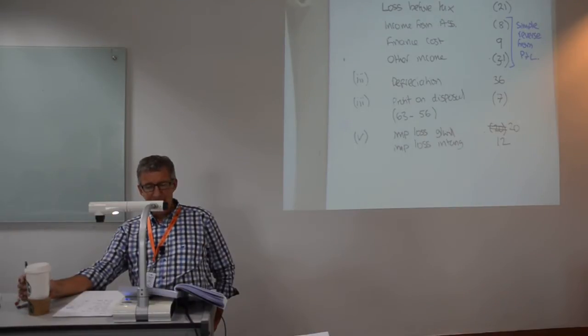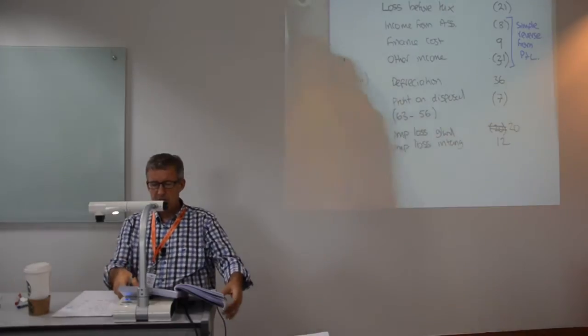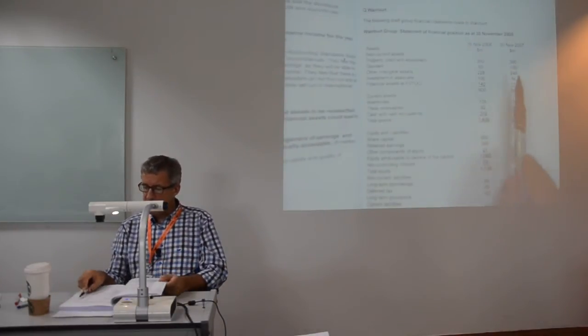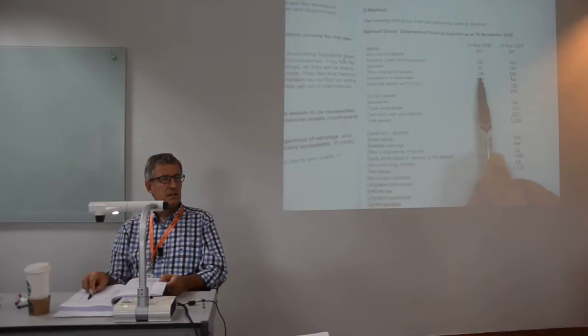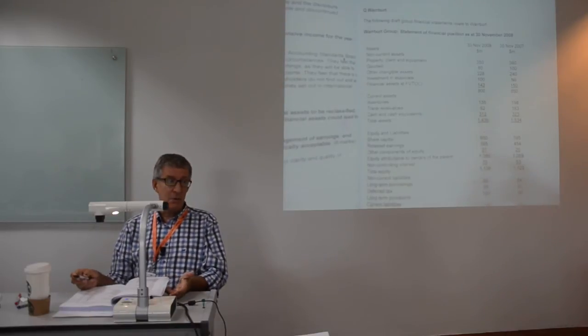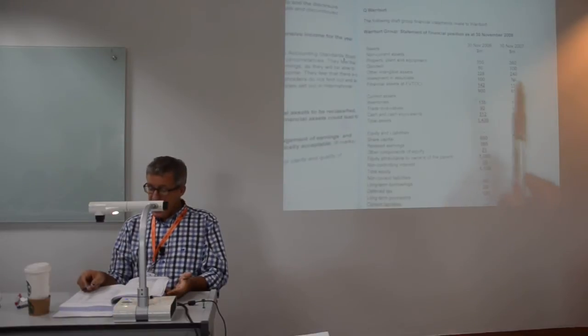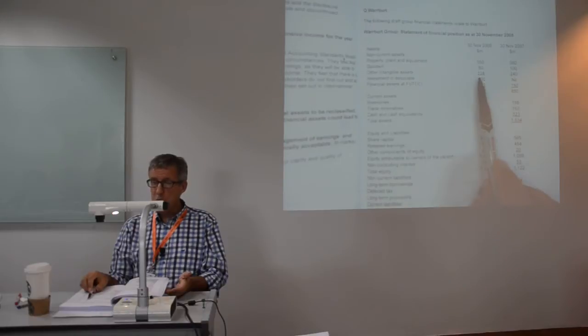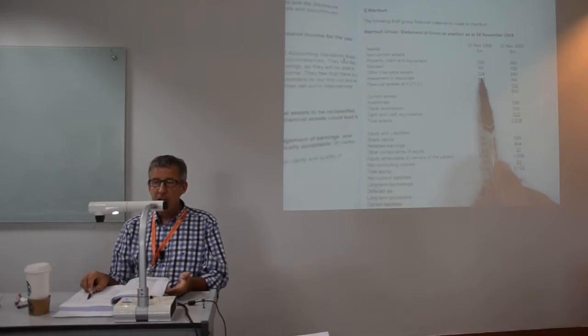How much was the intangible asset at the beginning of the year? 240. Look at the balance sheet. It's 240 at the beginning of the year. How much is it at the end of the year? Because there's been an impairment loss of 12, I don't need to do a working. If the intangible asset had been 229, then I would have spent 1 buying an extra amount.